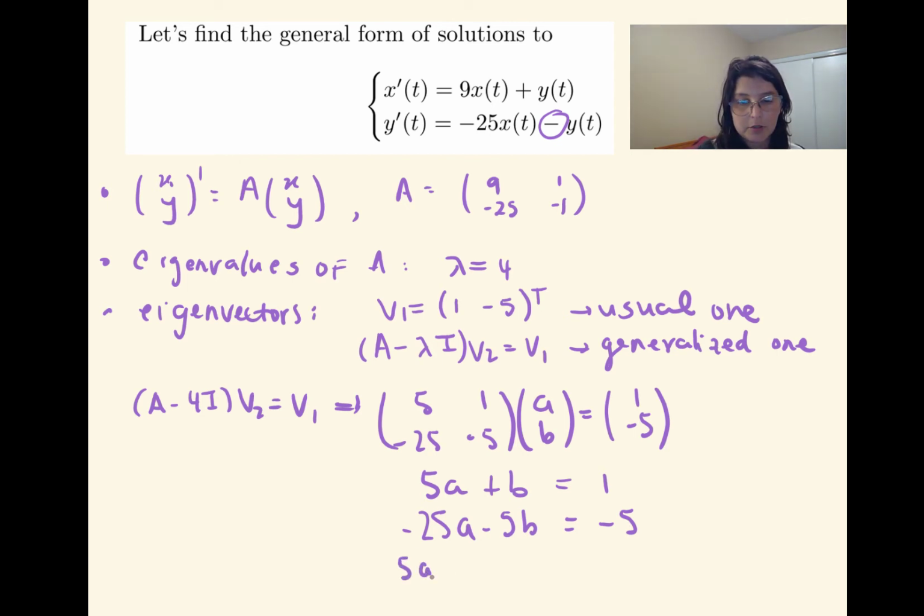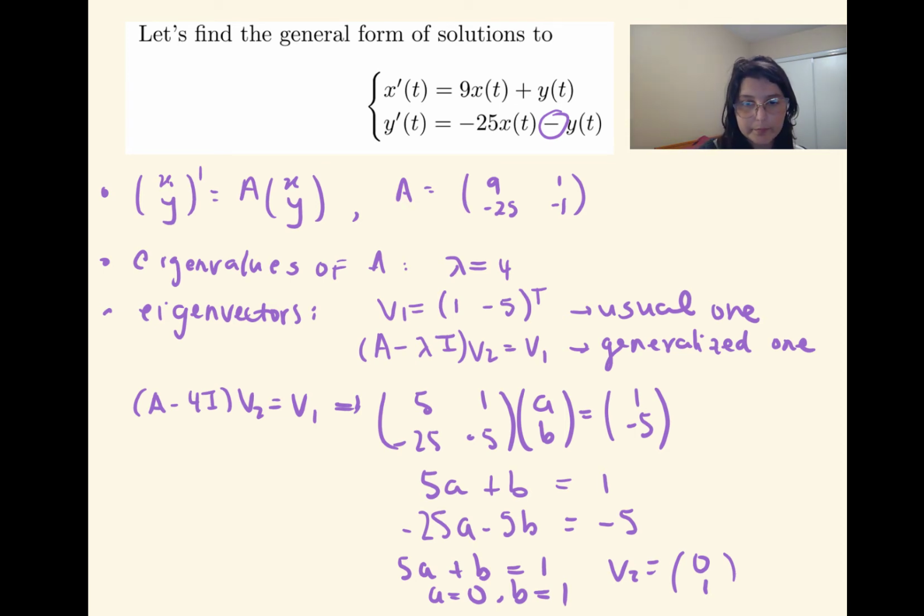So it's enough to choose a and b such that 5a plus b is 1. We have infinitely many solutions, again. But we can make an easy choice by taking a equal to 0 and b then becomes 1. So v2 can be taken as the vector (0, 1), and someone else could make a different choice, and that's okay.